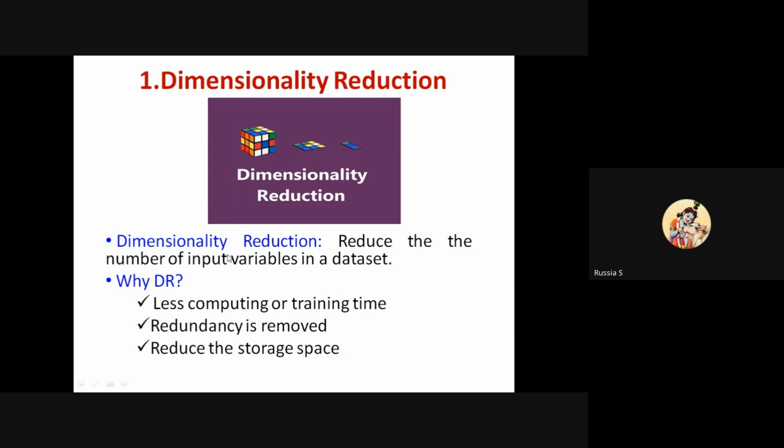Dimensionality reduction reduces the number of input variables in the data set. For a given data set, we have any number of features, but not all the features are used for predicting values or classifying values. So we cannot use all the features.